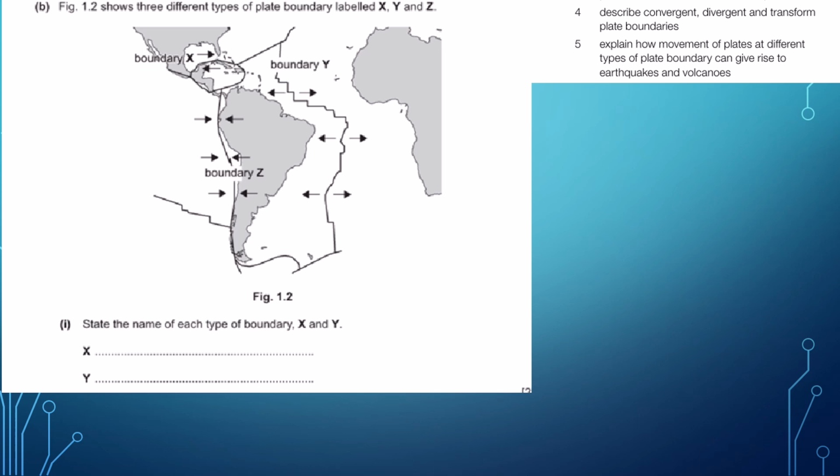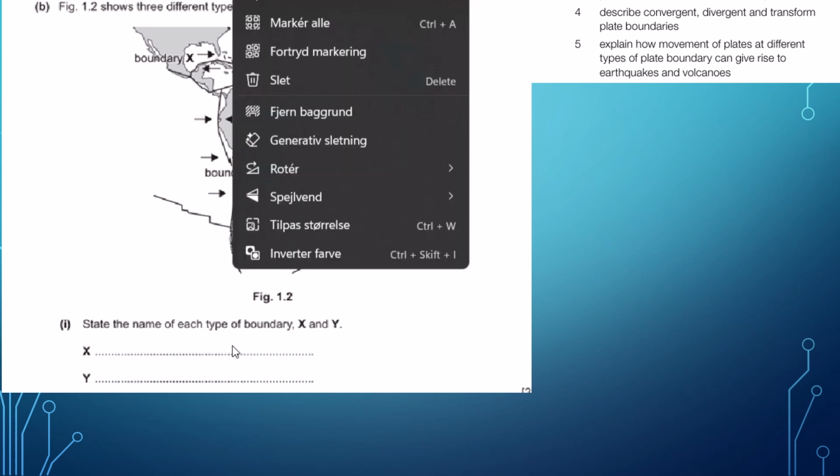All right, so here we look at three different boundaries, boundary X, Y, and Z. We have to look at boundary X and boundary Y and explain what kind of boundaries they are. You see the boundary at X is moving next to each other, and the boundary at Y is moving away from each other.